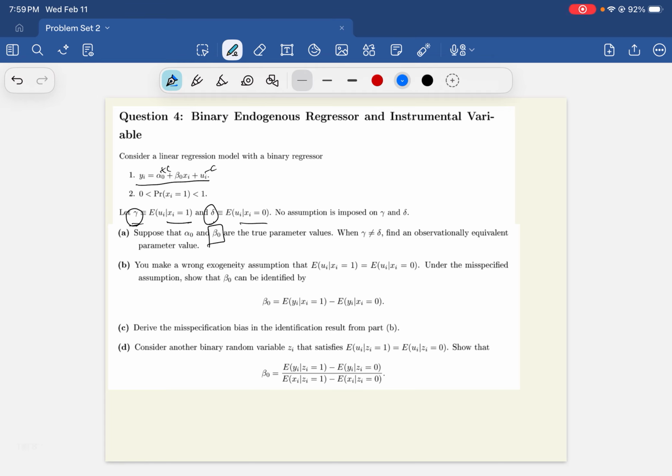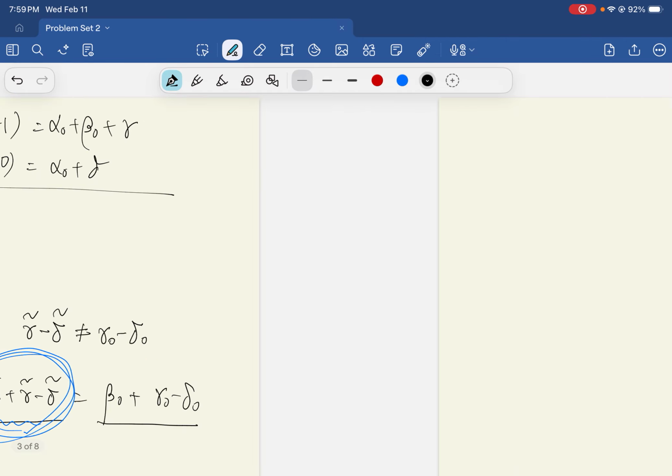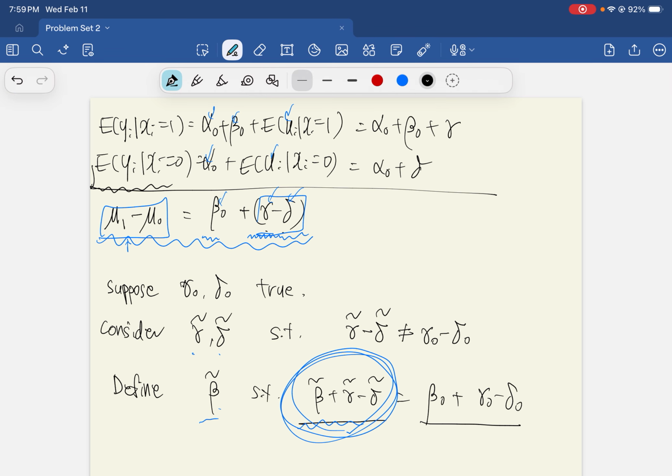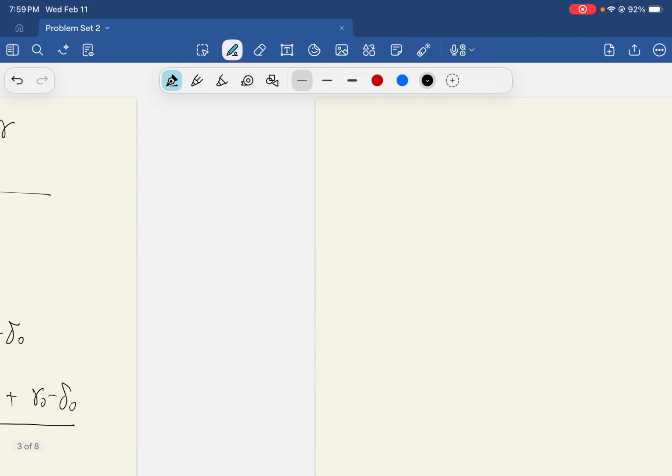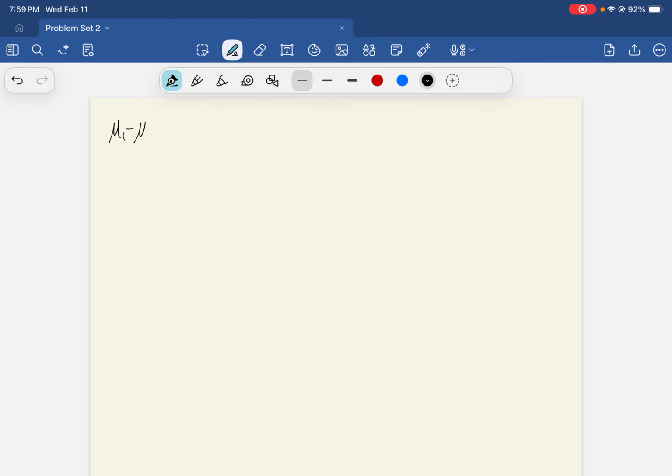Okay, that was A. And in B, you make a wrong exogeneity assumption that the average of the unobserved part is the same across x. But that was wrong. So let's find the misspecification bias. Now you see mu1 minus mu0 equals beta 0 plus gamma minus delta.